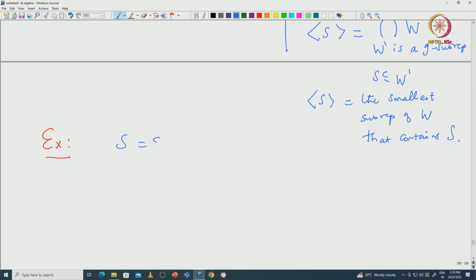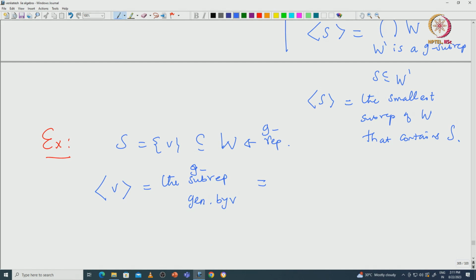Suppose S is some singleton V, sitting inside W where W is a G representation. So, then we talk about the sub-representation generated by this V. So, how can one get it as a space?